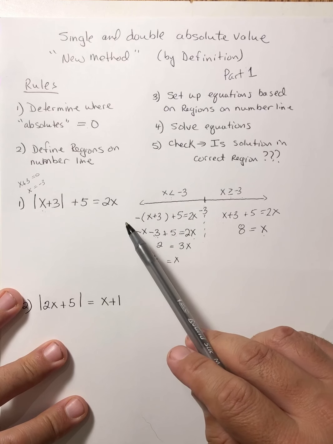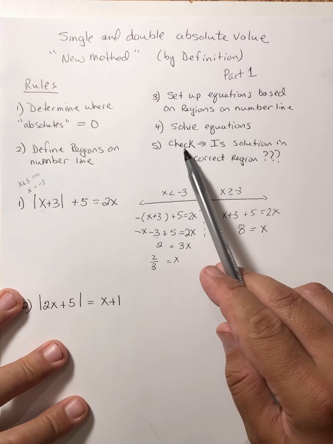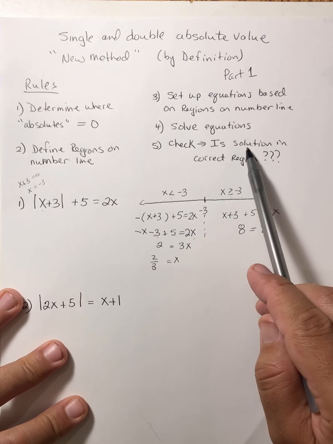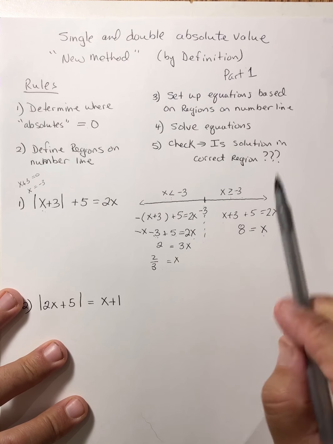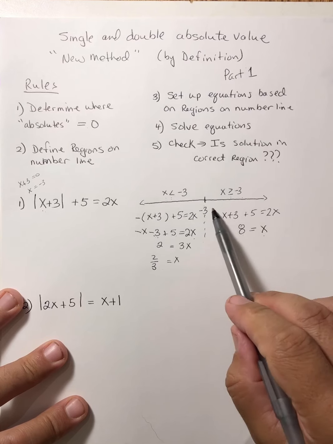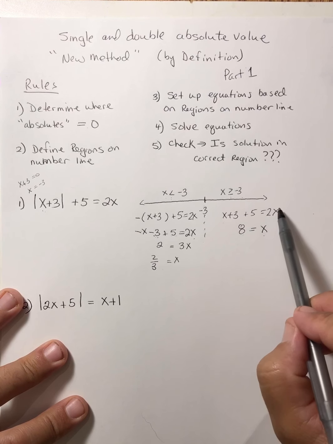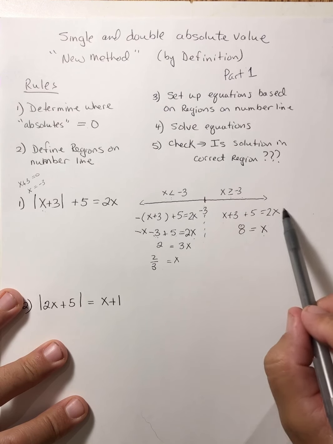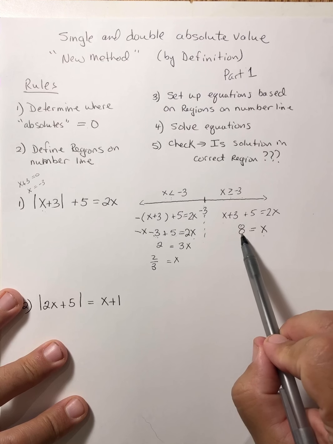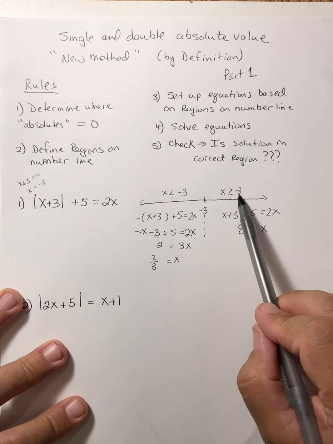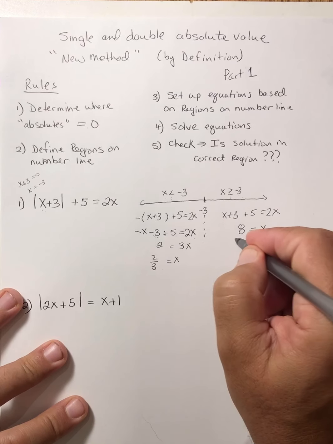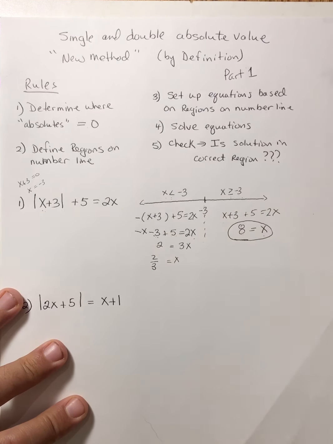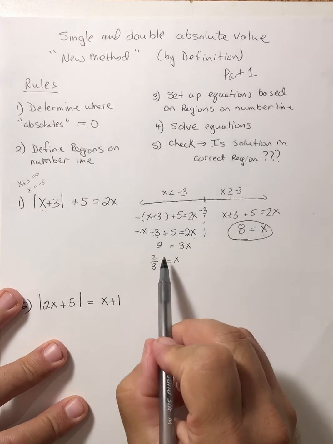Here's the question that you have to ask yourself when you do the check. Is the solution in the correct region? Well, is 8 on the correct side over here? Yes, when we solved this equation over here, we came up with x equals 8. That is on the side when x is greater than -3. So this is a keeper. But look at 2/3.